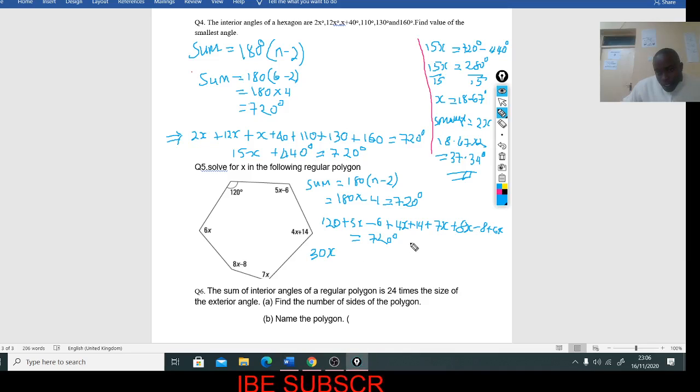Then you realize that this 120, and this negative 6 plus 14, you will get 8, and 8 minus 8 is 0. So this is 0 plus 120, so it means 30x plus 120 equals 720.